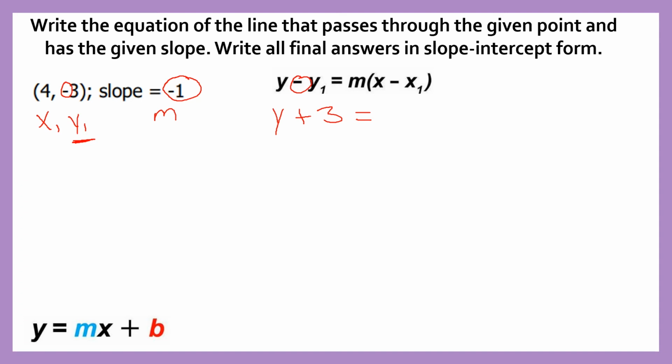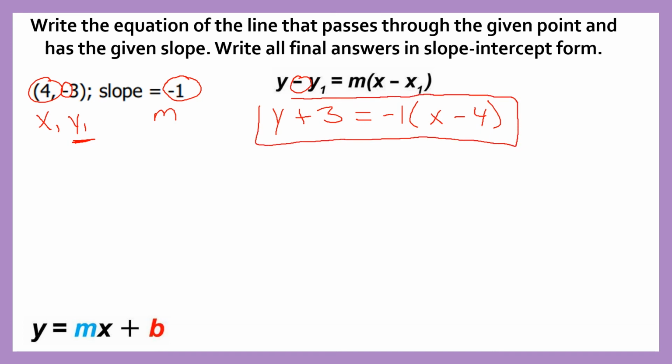So I'm going to put -1. And sometimes you may just see a negative in front, but that's an understood -1. Bring down my x, and then my x sub 1 is 4. So that is going to be -4. And I have written this equation in point-slope form.